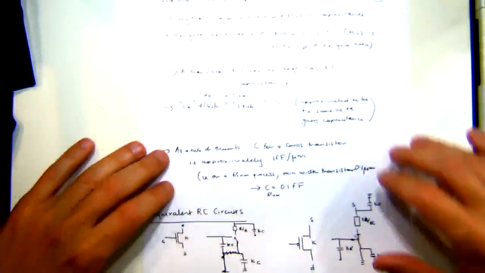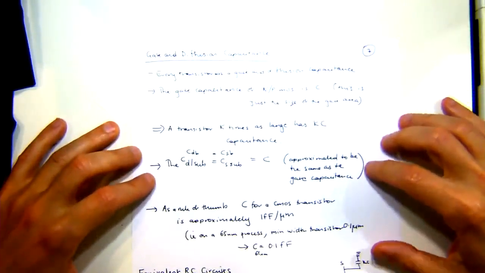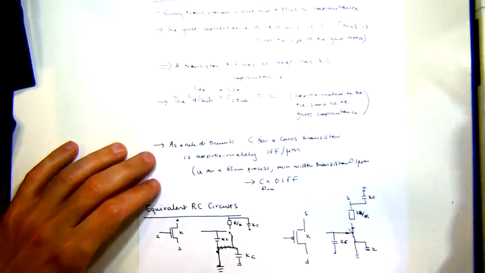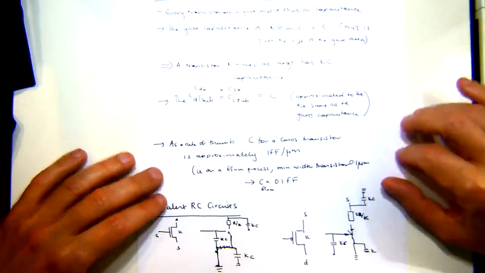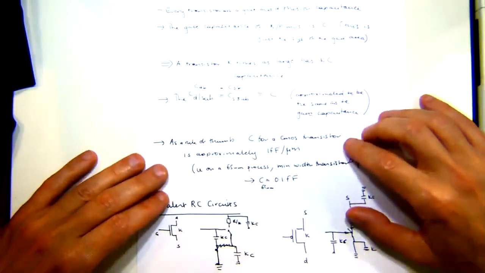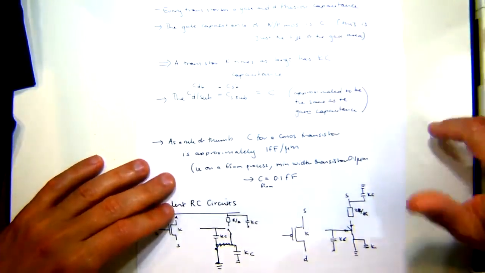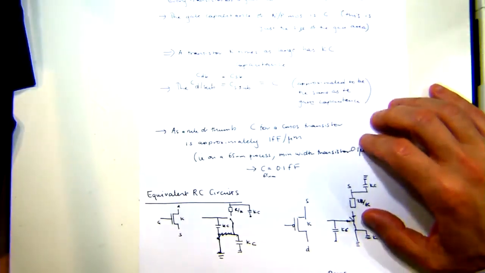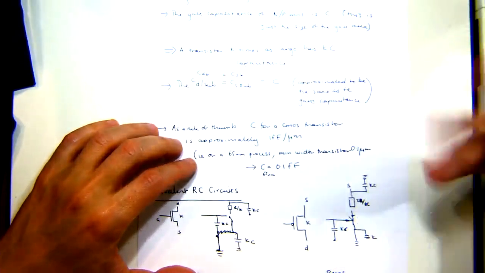All right, so we've also got the substrate capacitances. Now, just as a rule of thumb for everyone, the capacitance for a CMOS transistor is generally about 1 femtofarad per micrometer, and roughly for a 65 nanometer process, which is what most people would use if they were doing not particularly advanced but cost-effective digital circuits.